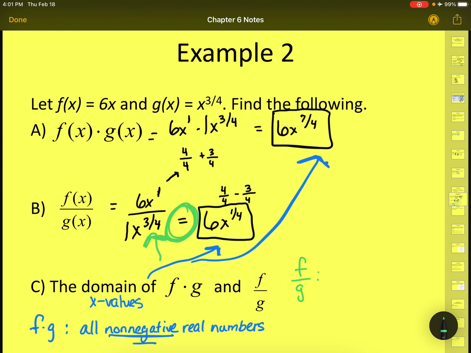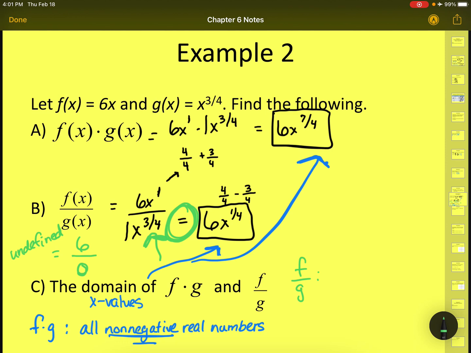If I plug in 0 when it's in the bottom like that, 0 to the 3/4 power or 0 to any kind of power is still 0. So I can run into the jeopardy of 6 over 0. Anything over 0 is undefined. So I could run into that case, which is bad. 6 divided by 0, that's an error in my calculator.